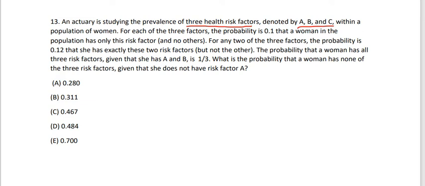So this 0.1, like 10%, means only A, no B, no C, like that, right? Okay, so here we have three factors.